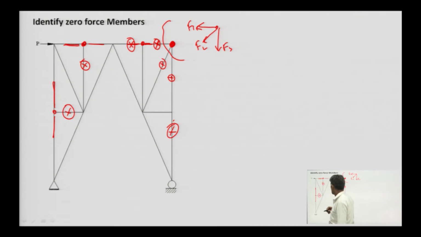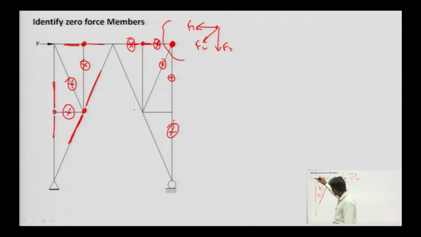One more thing, at this joint, these two members are collinear. Since this member is a 0 force member, then that member will also be a 0 force member.